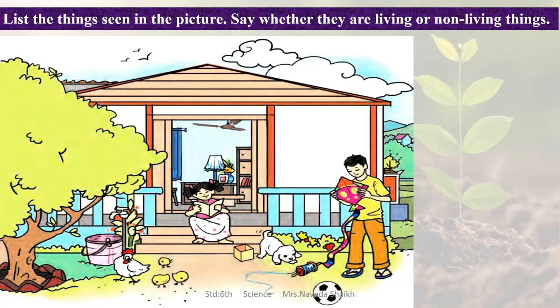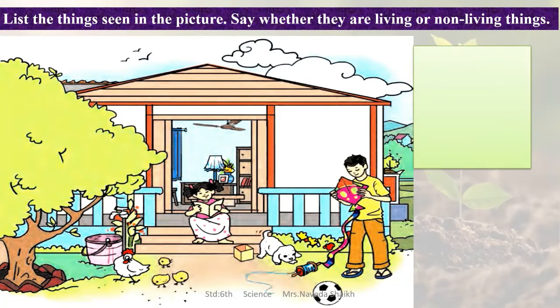You have already learned about the difference between living and non-living things. The ones which have life are called living things, and the ones which do not have life, that is dead, are non-living things. Here I have explained it in simple words.